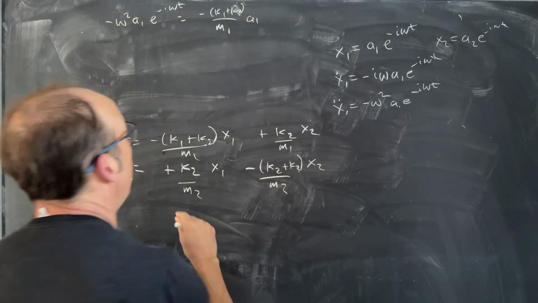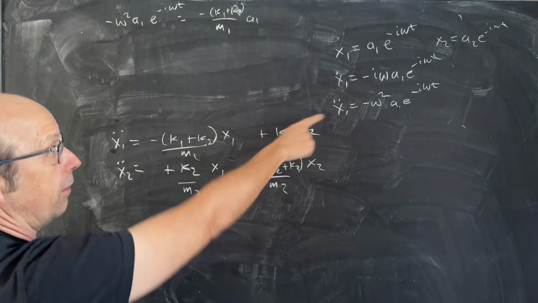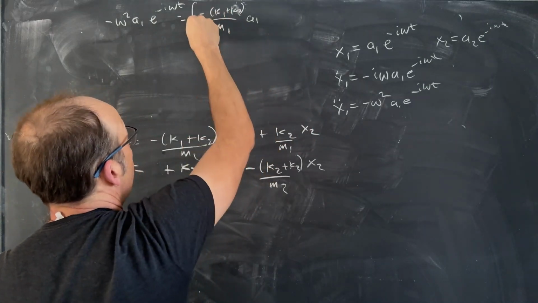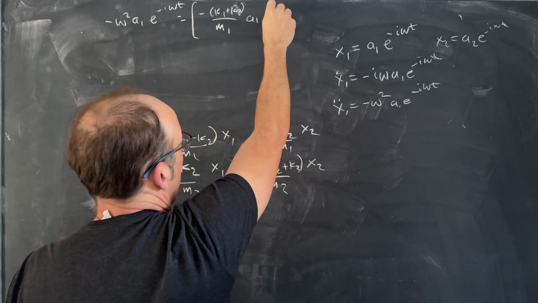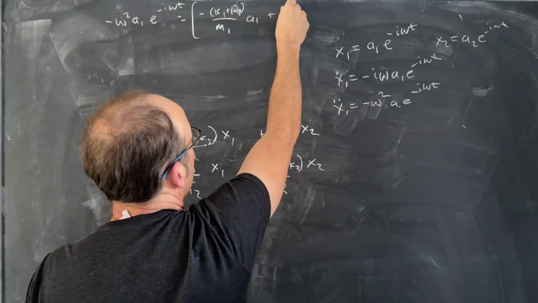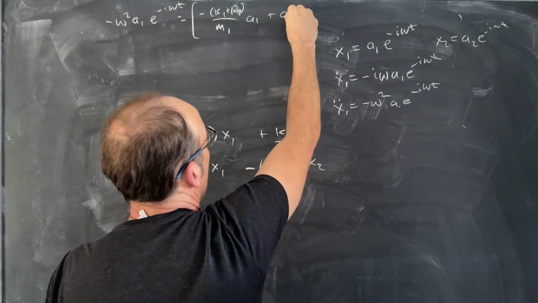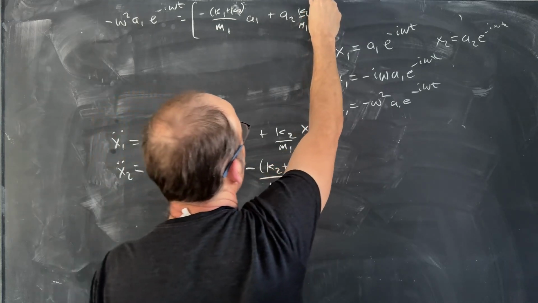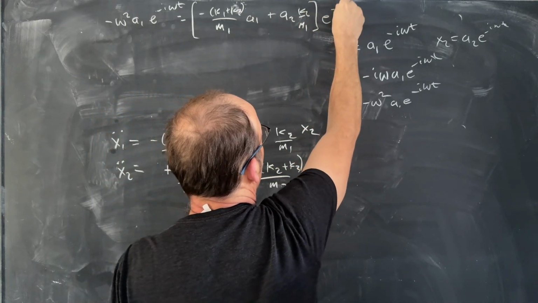I'm going to factor out e to the negative i omega t, since both of these terms have it, so I'm going to put a parenthesis right there. And I'm going to say plus a2, because I have x2, a2 k2 over m1, and that's e to the minus i omega t.